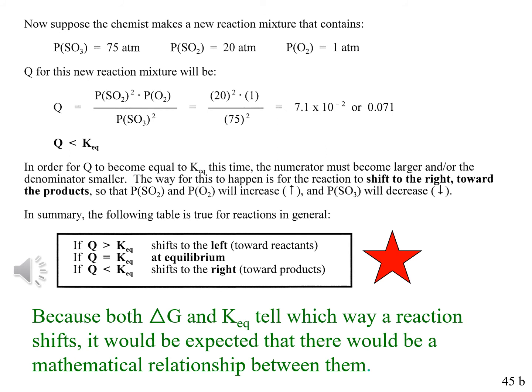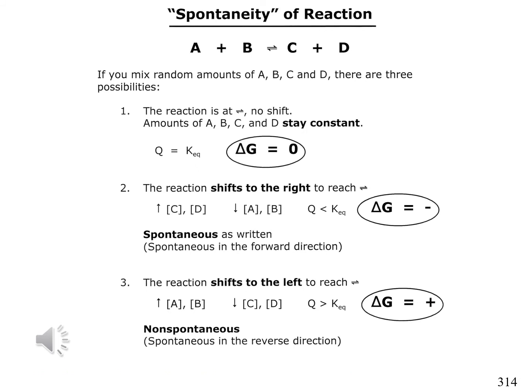Now here we have that thing that I copied called the box. The thing about it is Q and K tell you which direction a reaction shifts. Well, so does delta G. And that's the reason why you would expect them to have a math relationship, and they do. These are the signs of delta G. In the previous class on kinetics, I told you don't have to worry about the sign.